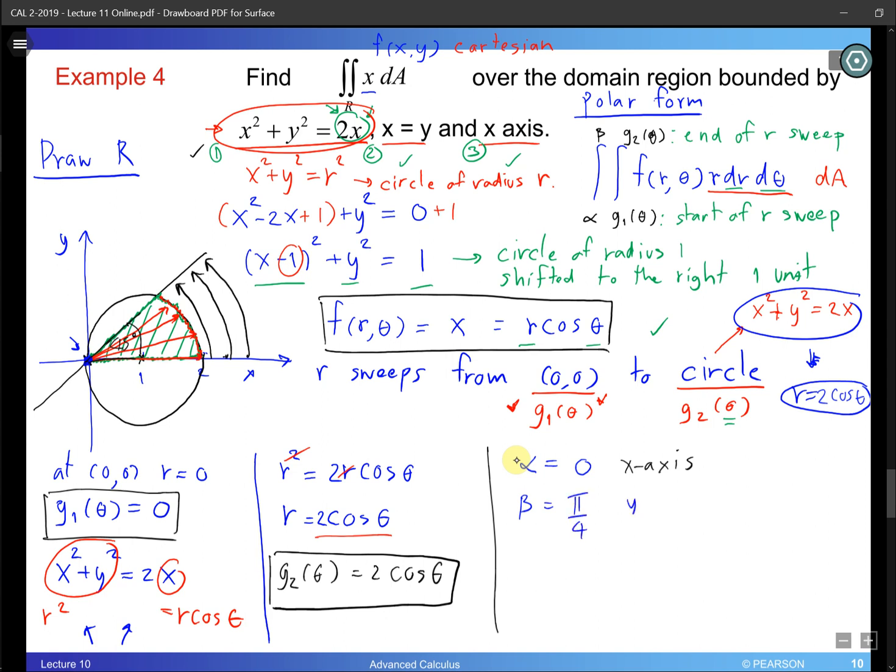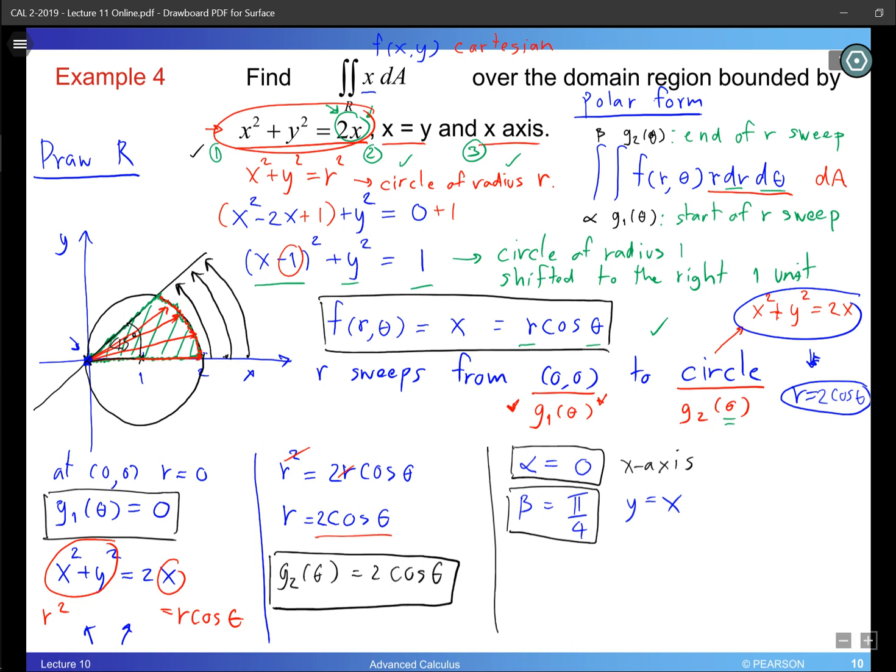Now we have all these 5 terms. Everything. It means that we are ready to put all these terms into the formula.